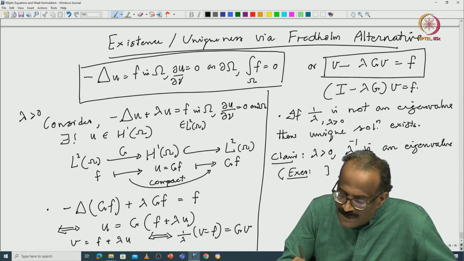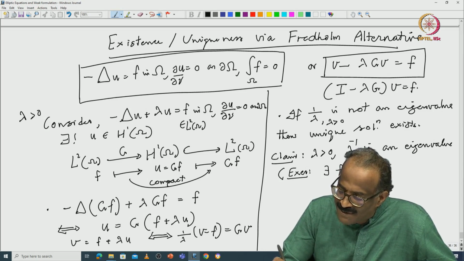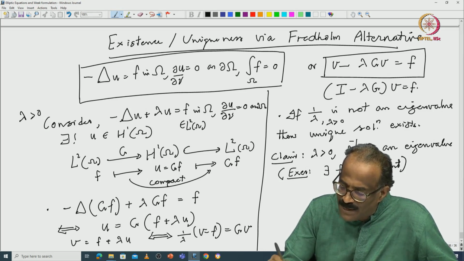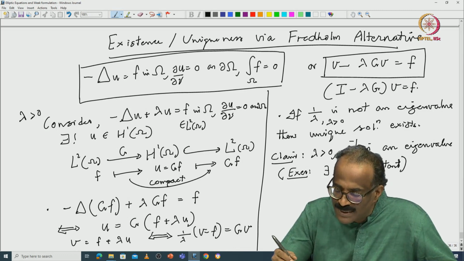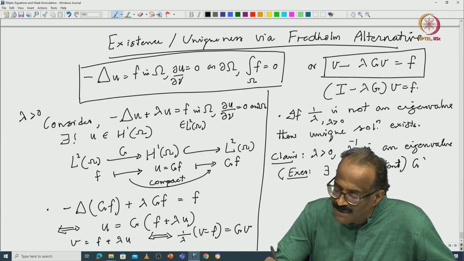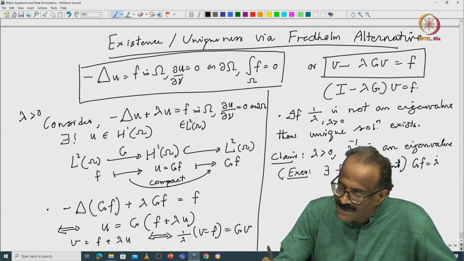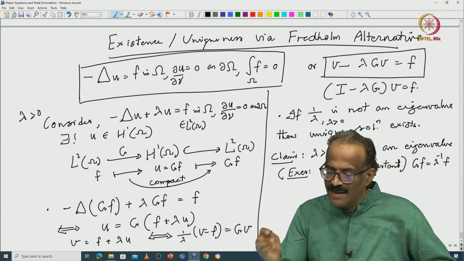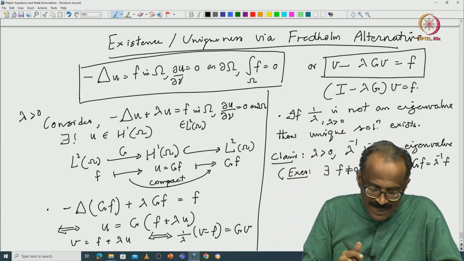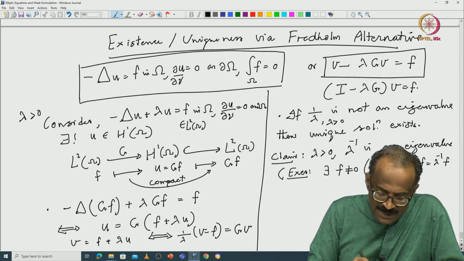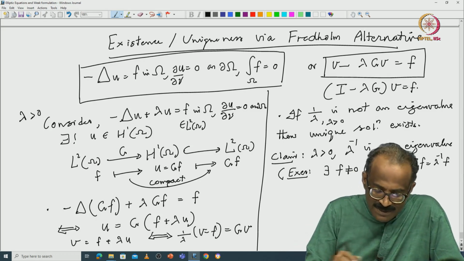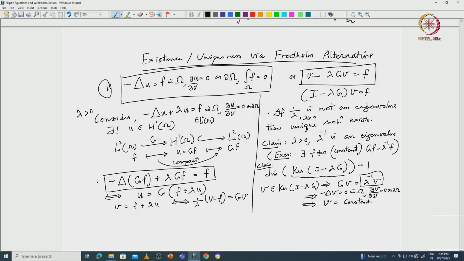That means there exists f not equal to 0, in fact, a constant, such that gf equal to lambda inverse f. That is not difficult, right? Lambda inverse is a constant, and then you can see that gf is the solution. So if you take f as a constant, you know all that. So every lambda inverse is an eigenvalue.